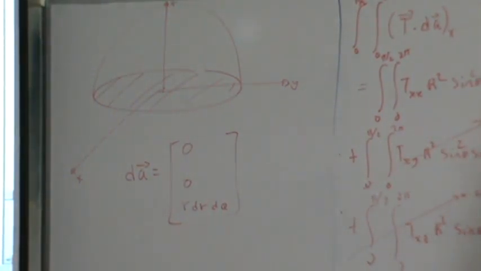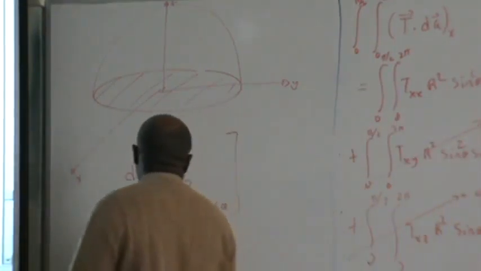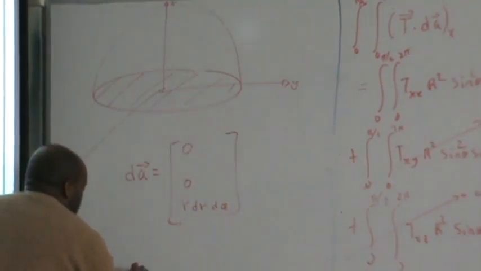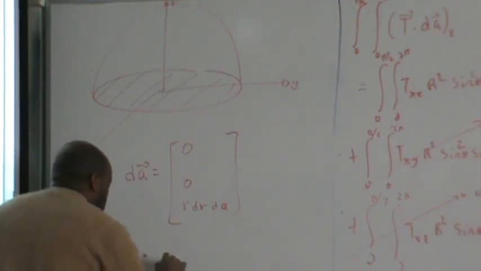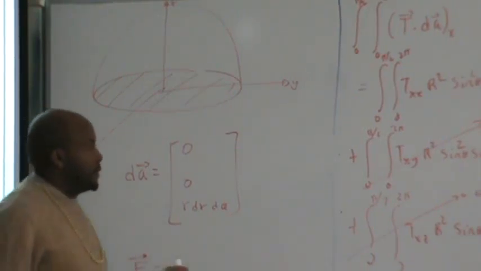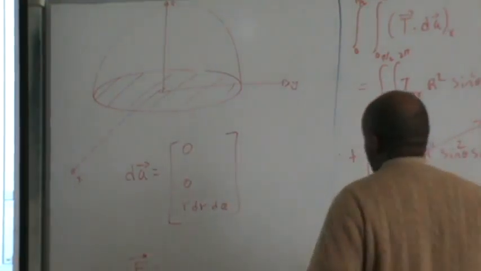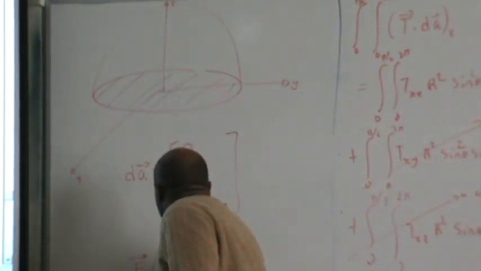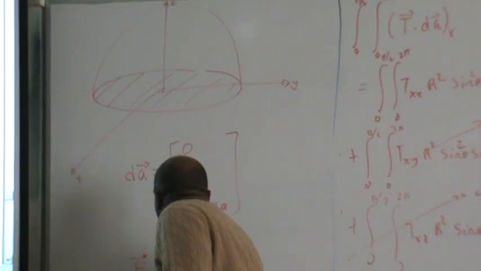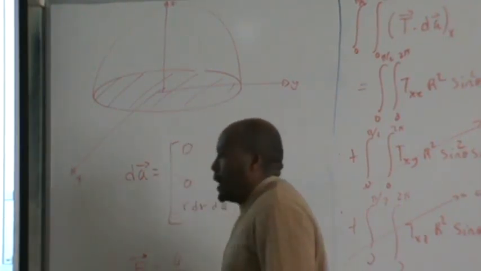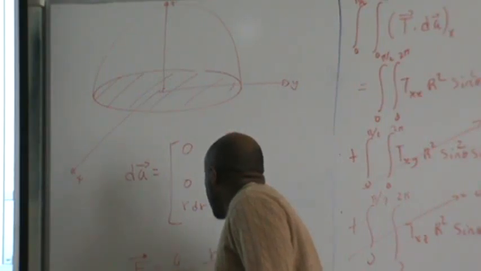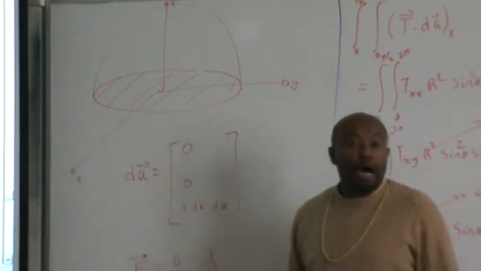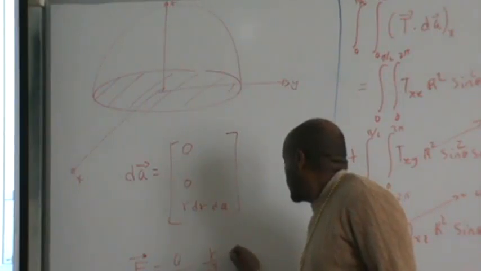And how can we express the electric field on this plane? So the electric field is going to be Q over 4 pi epsilon naught, and here I should have r vector over r cubed along the radial direction.